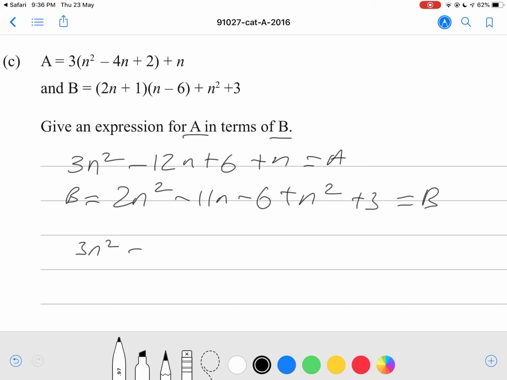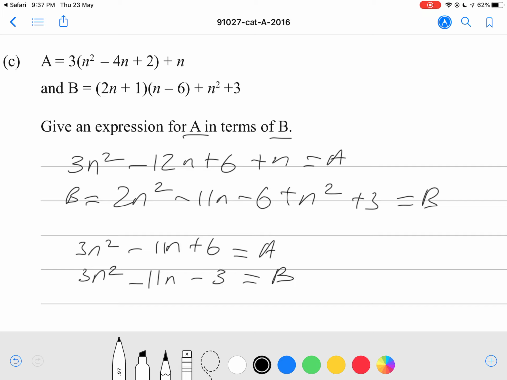We're going to say 3n squared minus 11n, so the plus n and the minus 12n becomes minus 11n, plus 6 equals A. And 3n squared minus 11n, negative 6 and plus 3 becomes negative 3 equals B.